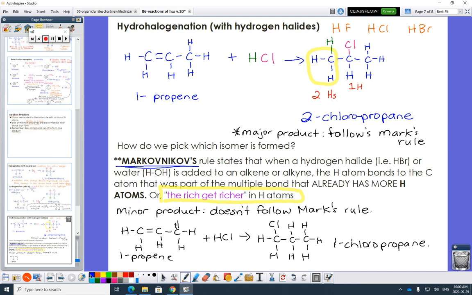If you were just given a question that said write the addition reaction, just follow the major, okay? If you see it talk about minor, what are the two products, then technically you would write both of them. But if you're just writing the reaction, just follow the rule.